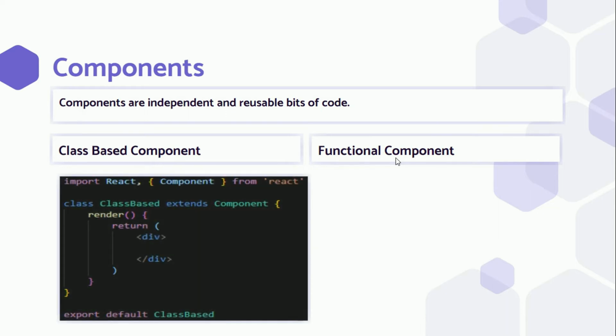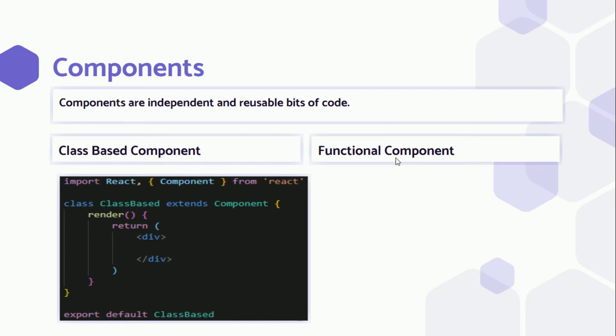Here we can see in the first line we are importing two things. First is React and second is Component, and we are importing them from the React package. The React package gets automatically installed when we create the React project.